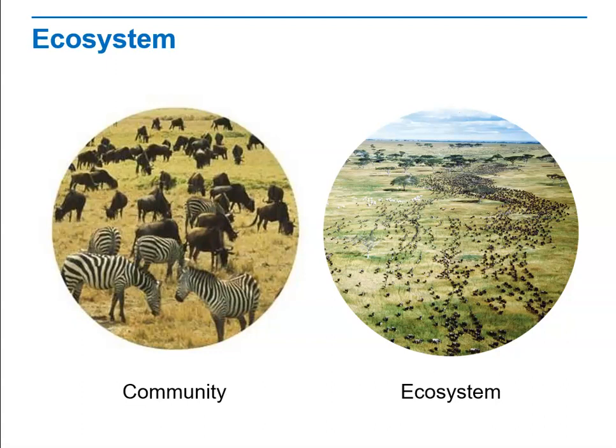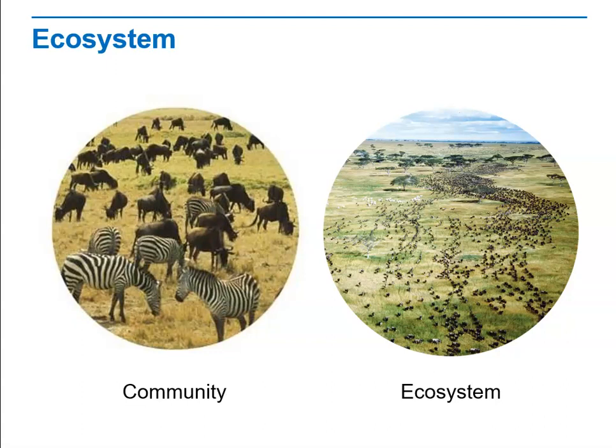When we talk about an ecosystem, we're talking about the living and the non-living things, and that goes back to the idea of biotic and abiotic factors. So community is all of the biotic factors, all of the living things that live together in an area. An ecosystem is all of those living things plus the terrain, the hills and the valleys, the water, the weather, everything in that specific area.